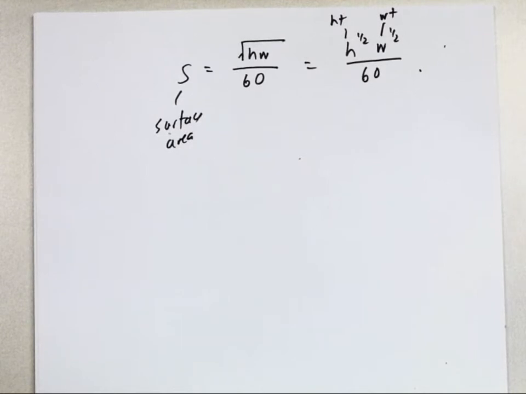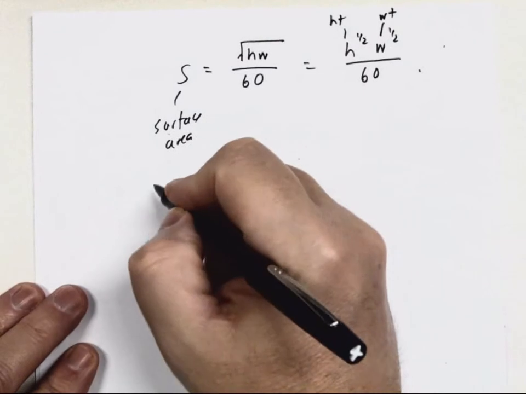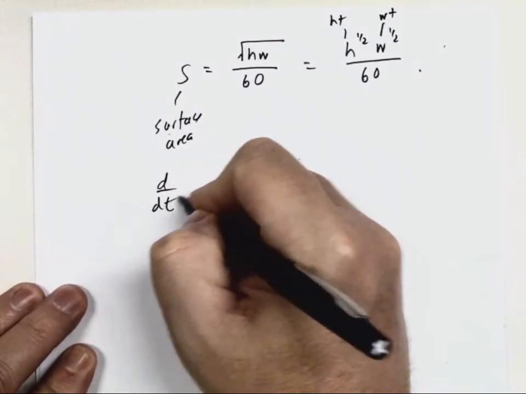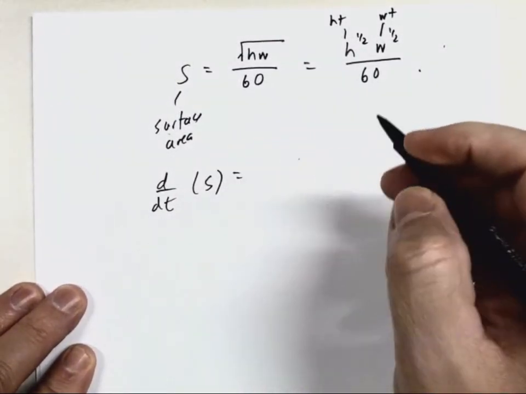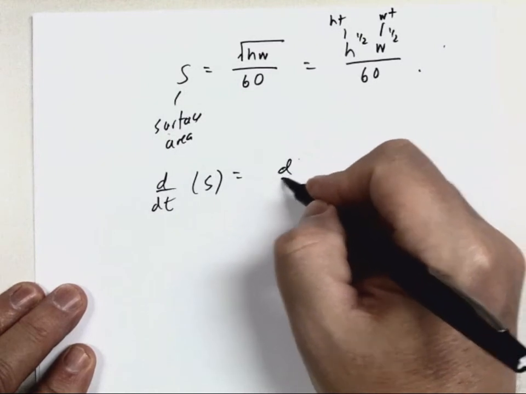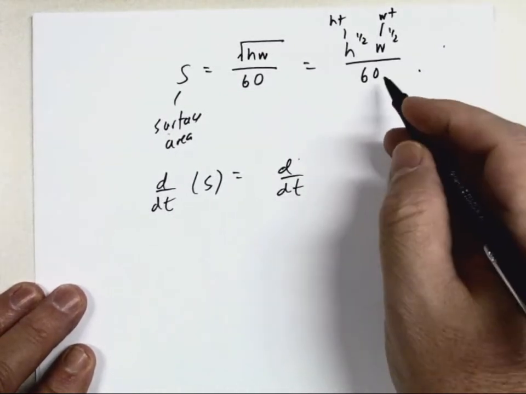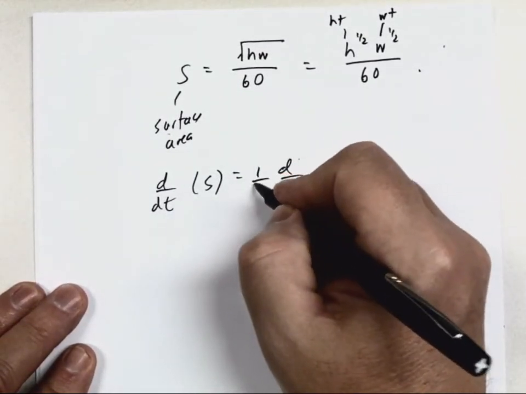But the point is, things don't stay the same. Things are changing. Because of that, we need to take the derivative of this equation with respect to time. Take derivative of both sides. You know what I'm going to do? I'm going to bring the 60 out front.